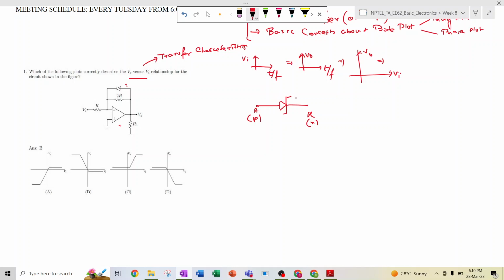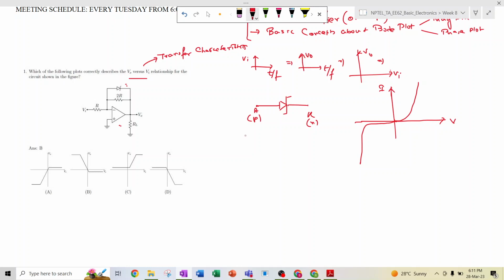The basic characteristic of the Zener diode is that it can act as a normal diode, and also in the reverse bias region it can act like this. This is the current versus voltage characteristic of a Zener diode.